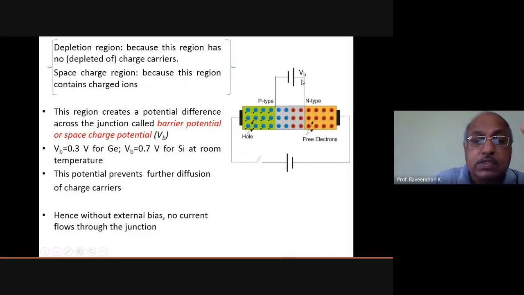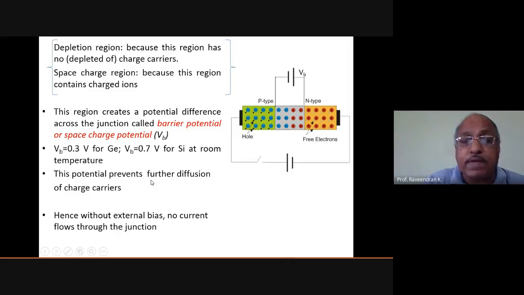Understand? So this VB will be numerically equal to 0.3 volts in the case of a germanium material. If the PN junction diode is made of germanium, the space charge voltage will be 0.3 volt. If it is a silicon material, the space charge voltage will be about 0.7 volts at room temperature, that is, at 30 degrees centigrade or so.